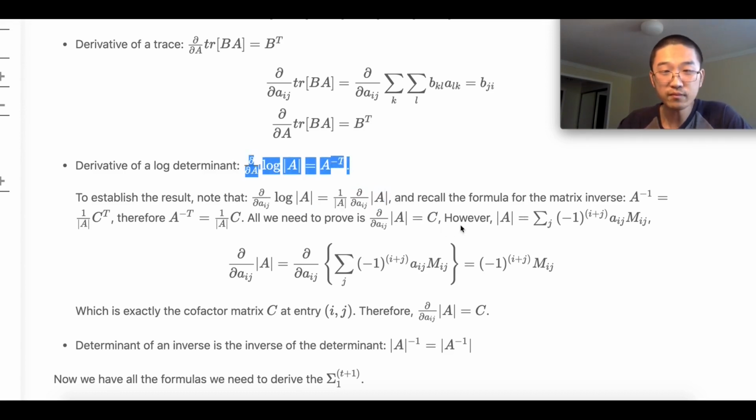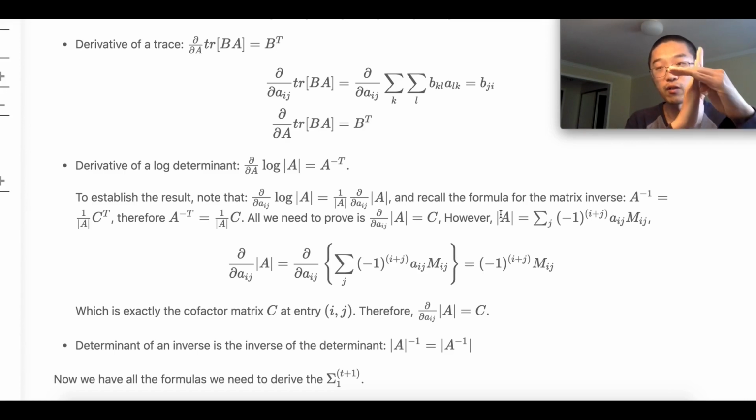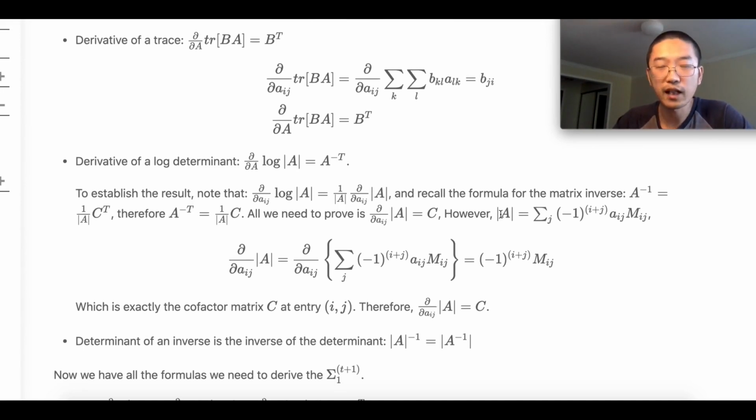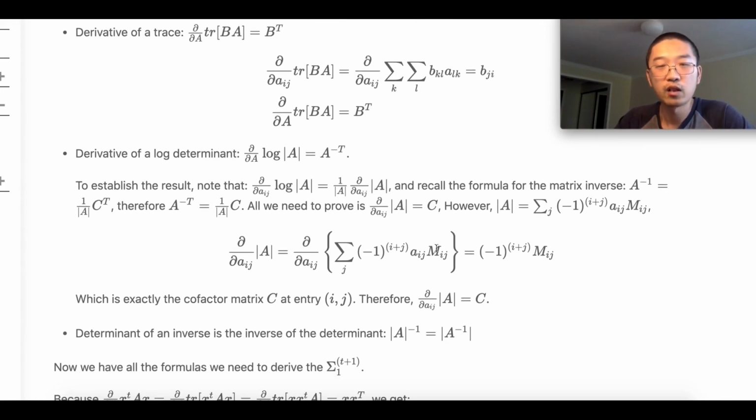However, the determinant of A is by definition this expression, where M is the minor of A. For those who don't know, the minor Mij is the determinant of the matrix left after removing the i-th row and the j-th column.